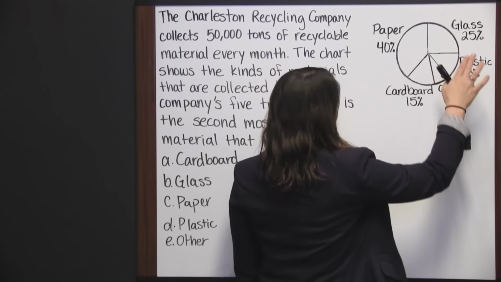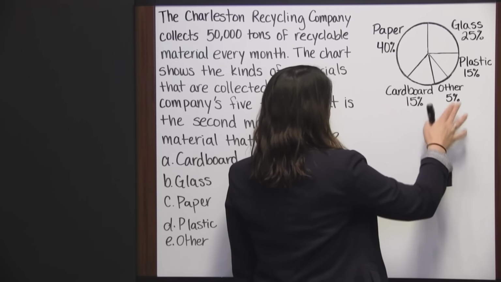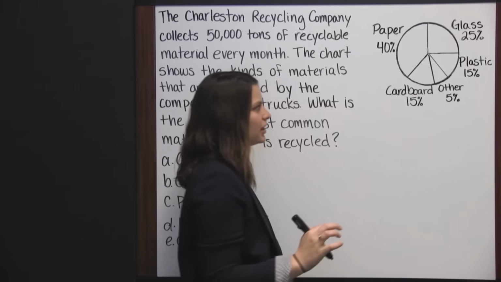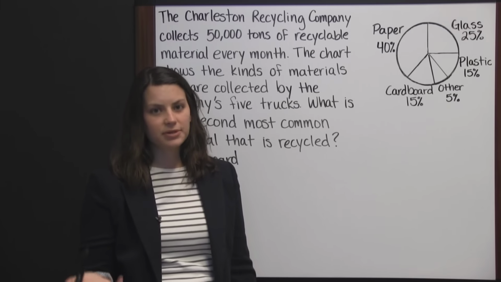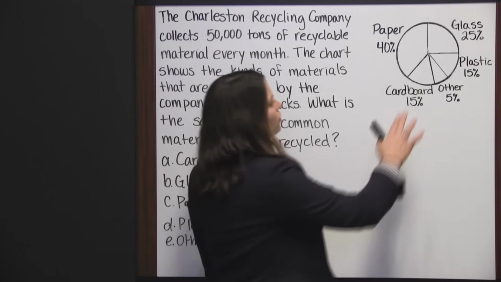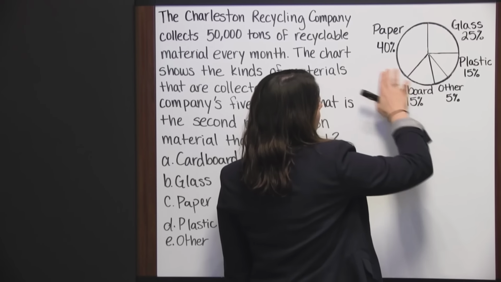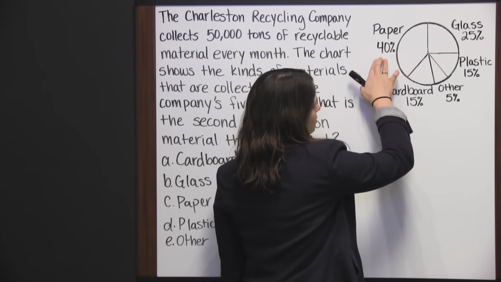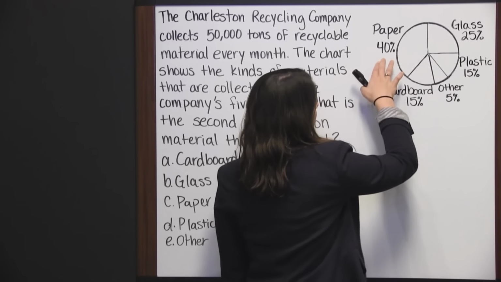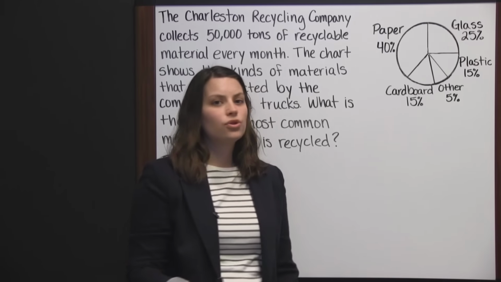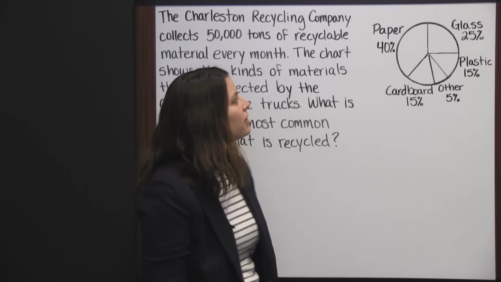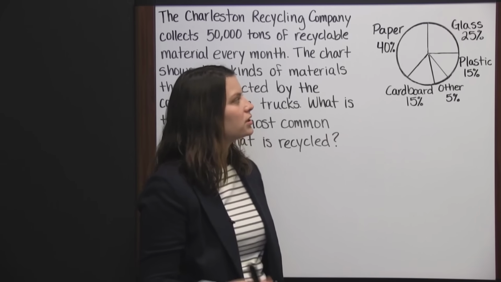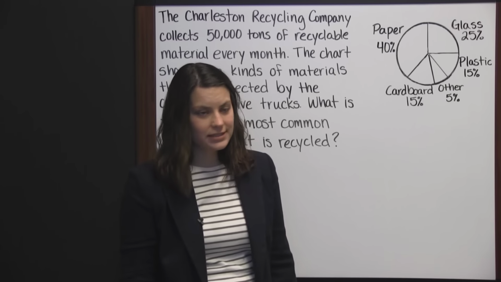40% plus 25% plus 15% plus 5% plus 15% is a total of 100%. The larger the slice, the larger the percent. And the larger the slice and percent means the more common that piece of data is, or the more times that data occurs.